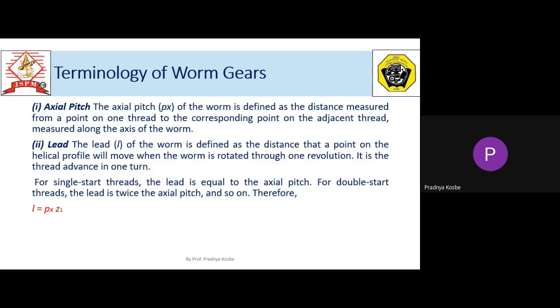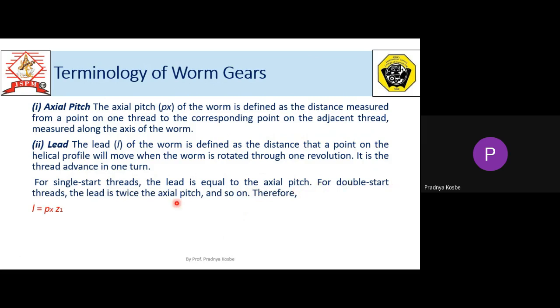Now lead, as I have already told you, lead of the worm is defined as the distance that a point on the helical profile will move when the worm is rotated through one revolution. It is the thread advance in one turn. So for a single start thread, the lead is equal to axial pitch.